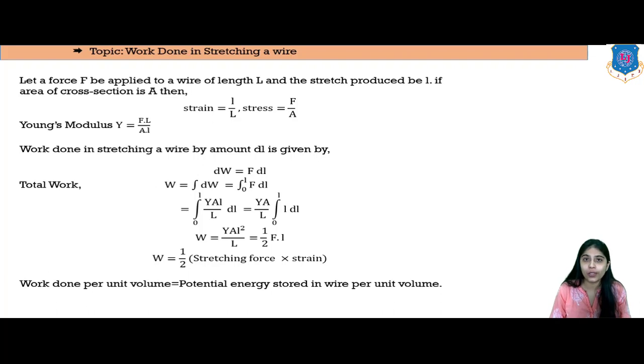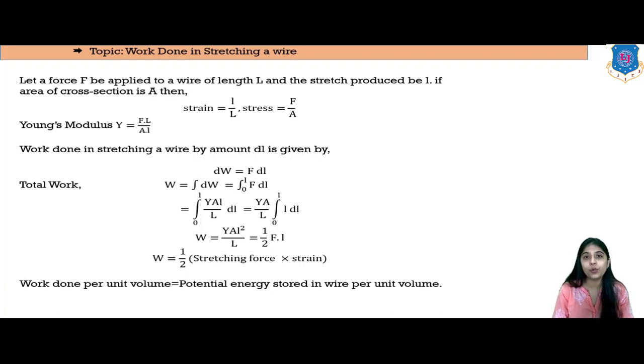Now to find the total work, we need to integrate, or get the summation. So total work W is the integration of dW, and the integration will be over the length of the wire. What is the expression for Young's modulus?